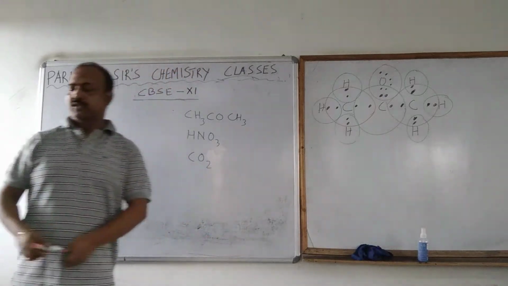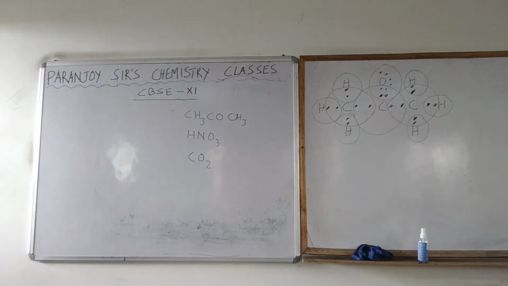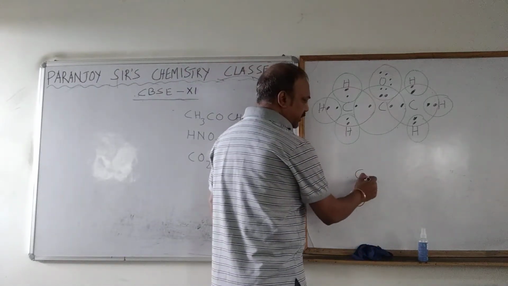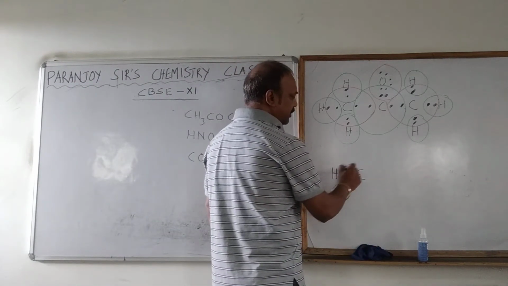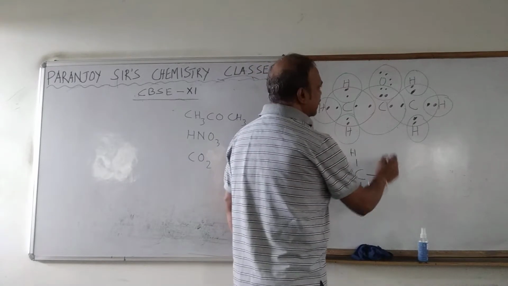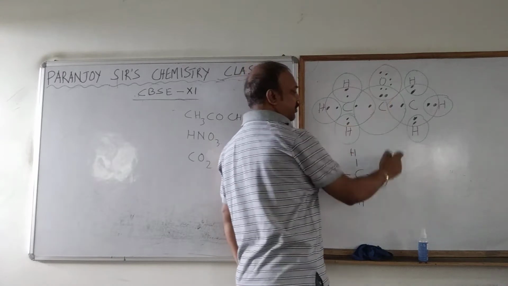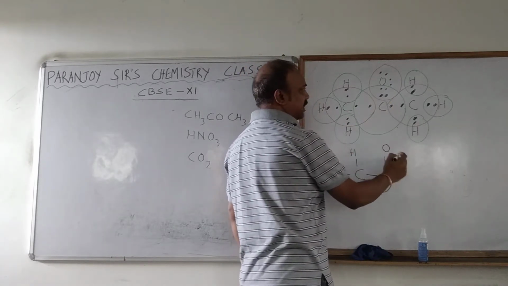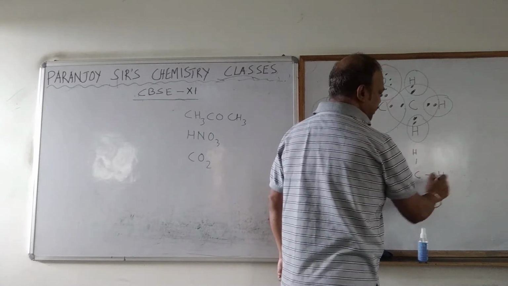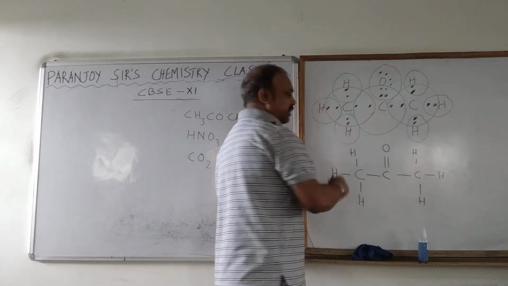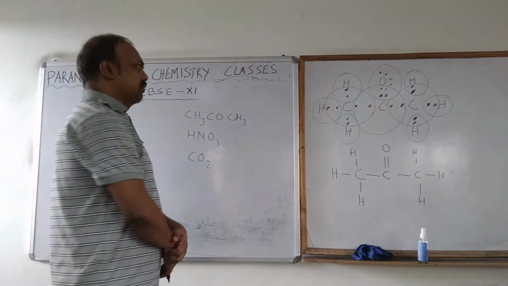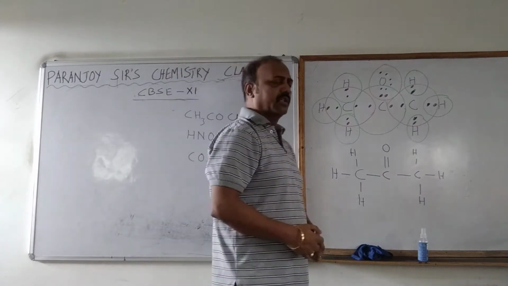Now that we have drawn the Lewis-Dot structure, we know the nature of the bonding: C single bond H, single bond H, single bond H, single bond C. This C is bonded with a double bond to oxygen, and single bond to C, with single bonds to H, H, H. So this is the overall structure of this compound. I hope it is clear to you. With more practice it will become clearer.